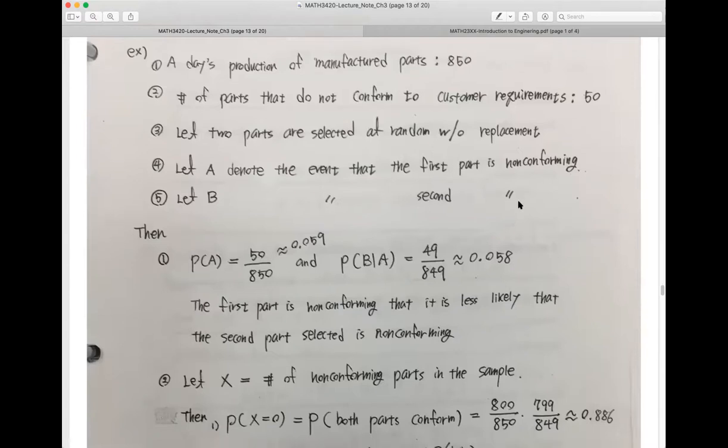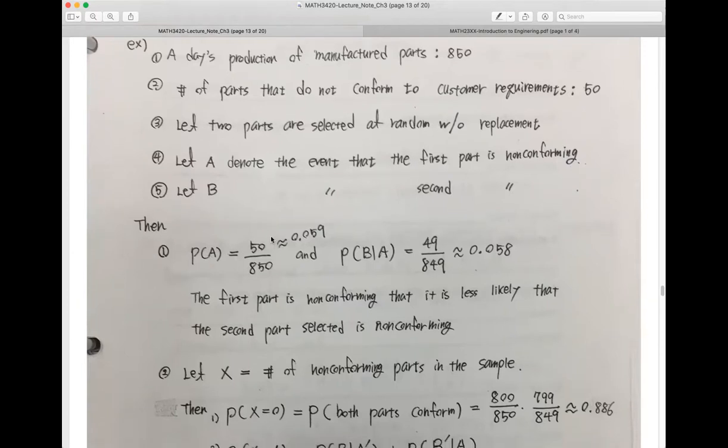Since replacement is not allowed, we have to apply conditional probability. P of A is 50 over 850. That's obvious, but to calculate the probability of B, we need to use conditional probability: P of B given A is 49 over 849.